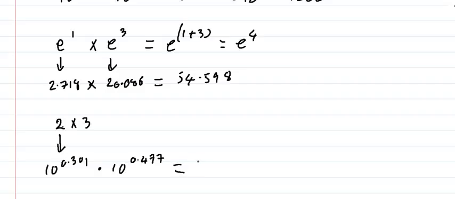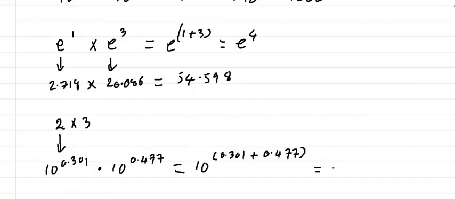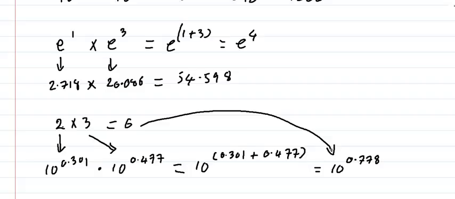And therefore the result is going to be 10 to the power of 0.301 plus 0.477, which is going to be this number here, 0.778, and 10 to the power of 0.778 is 6. And that's how log tables get used.